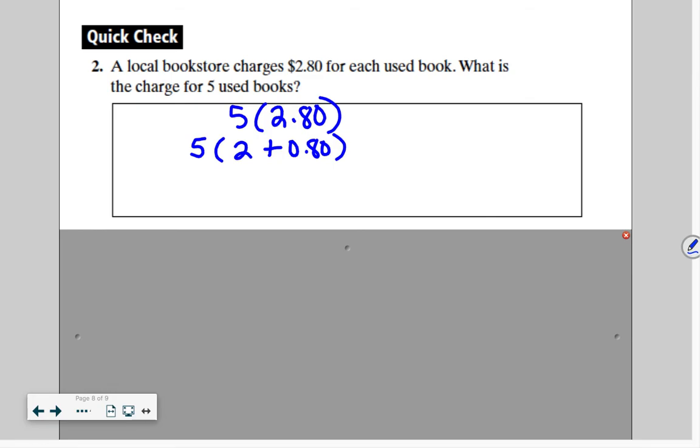Okay, now we're going to distribute the 5 to both of these. So you're going to take 5 times the 2 and 5 times 80 cents.